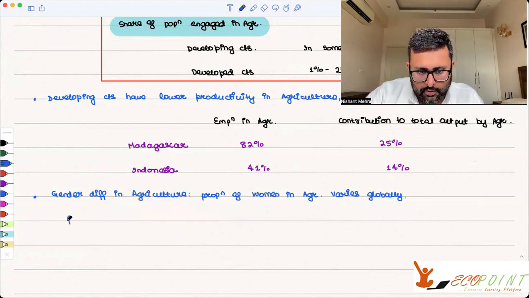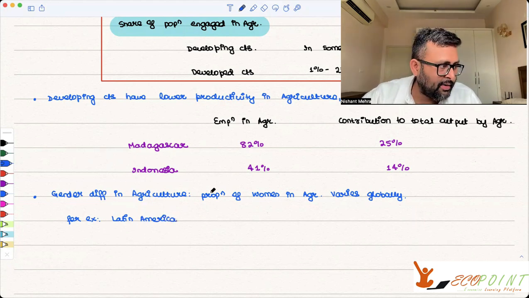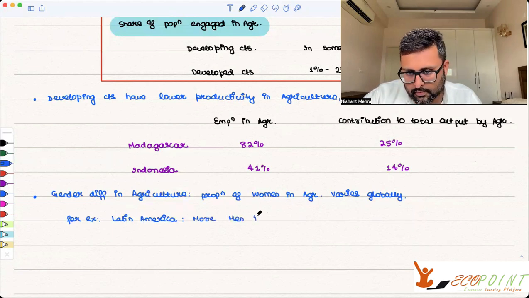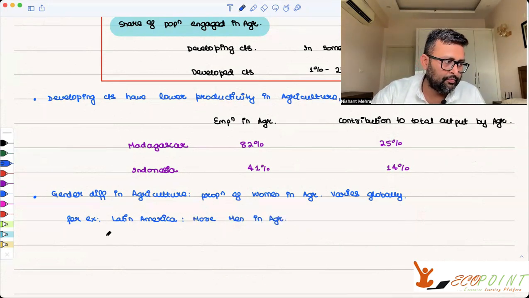For example, in Latin America, there are more men in agriculture.